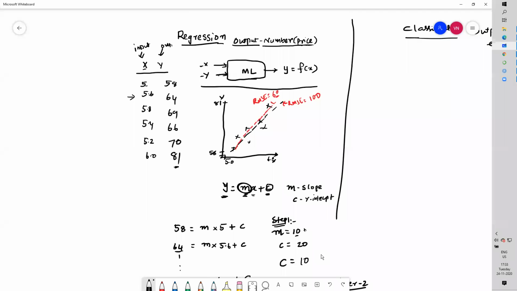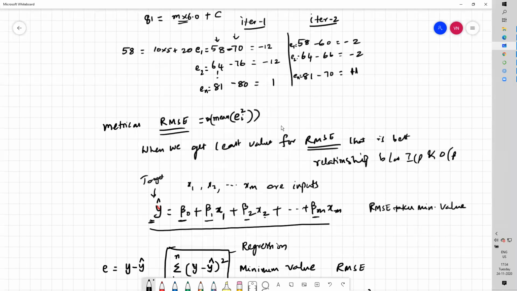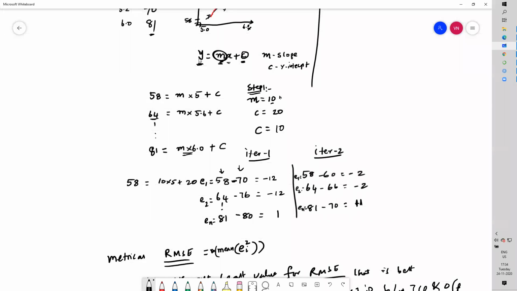And what happens in the machine learning process? This is what happens. First, we define the relationship between the input and the output. We represent them in a general equation form, like y is equal to mx plus c, or y is equal to beta naught plus beta 1 times x1.